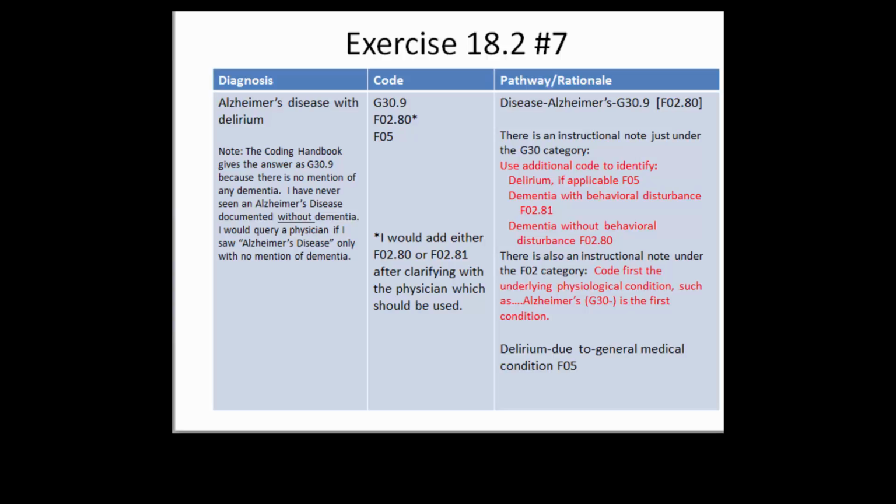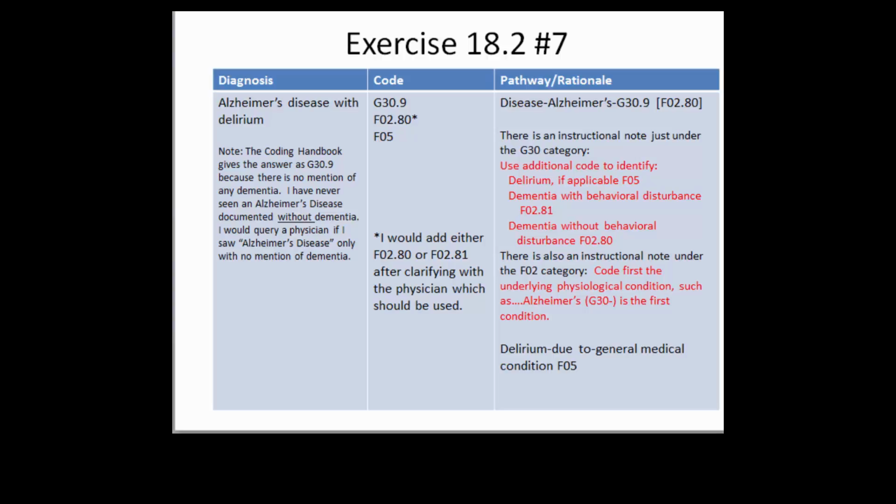So I've given you the pathway to get the code that she gave as the answer for G30.9, but even in the alphabetical index you see a manifestation code of F02.80. There's an instructional note just under the G30 category to use the additional code to identify any delirium, and that's F05.